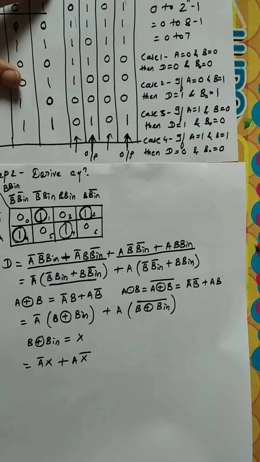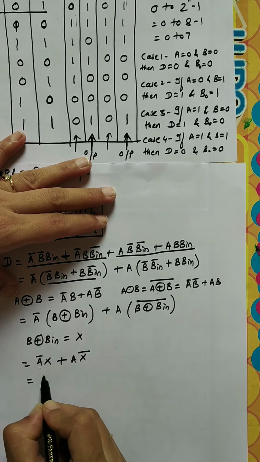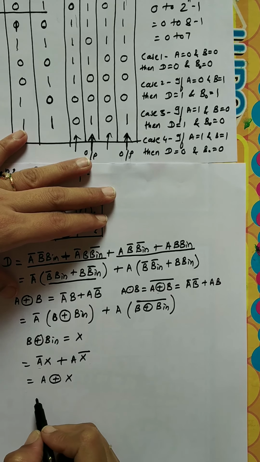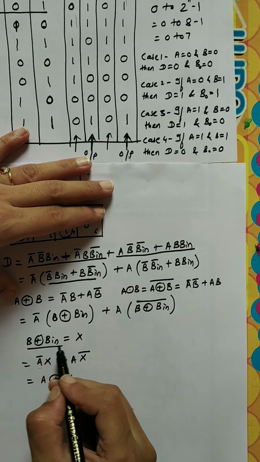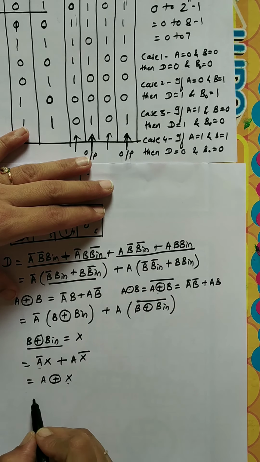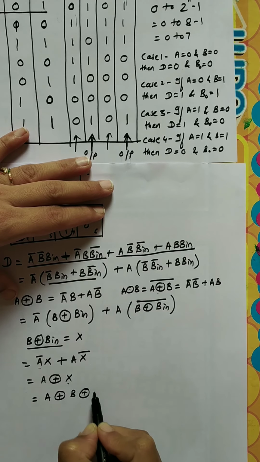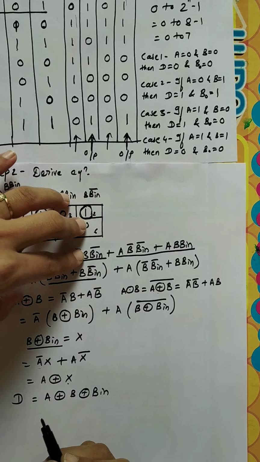Now this is the formula for A XOR B, so that's why I'll write A XOR X, right? Now I'll substitute the value of X which I had substituted in the previous steps. So here I'll get A XOR B XOR C. So this is the simplified equation for the difference, right?